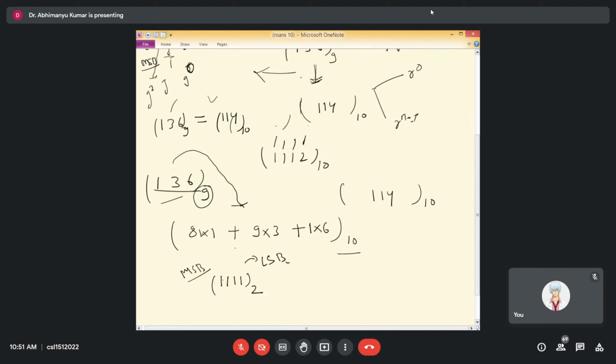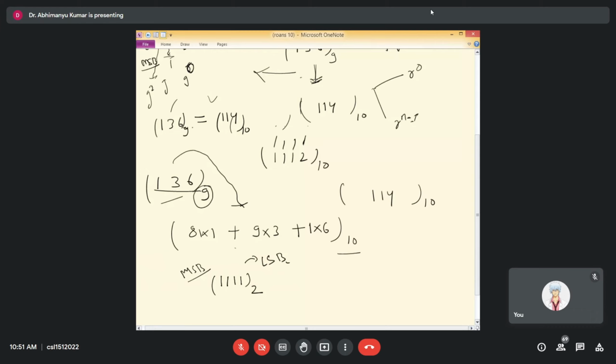Digits means it could be 1, 2, 3, 4 up to 9, right? Bits means it could be 0 or 1 only. That's it. Don't worry about what B and D are. It is the same thing, only the representation is different.